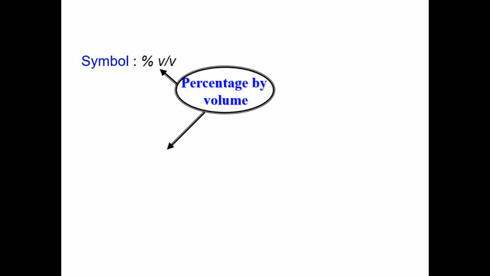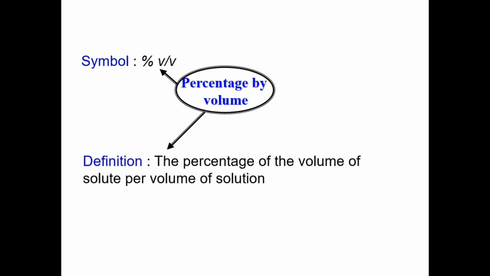Next parameter, percentage by volume. The symbol is percent V/V, defined as the percentage of the volume of solute per volume of solution.